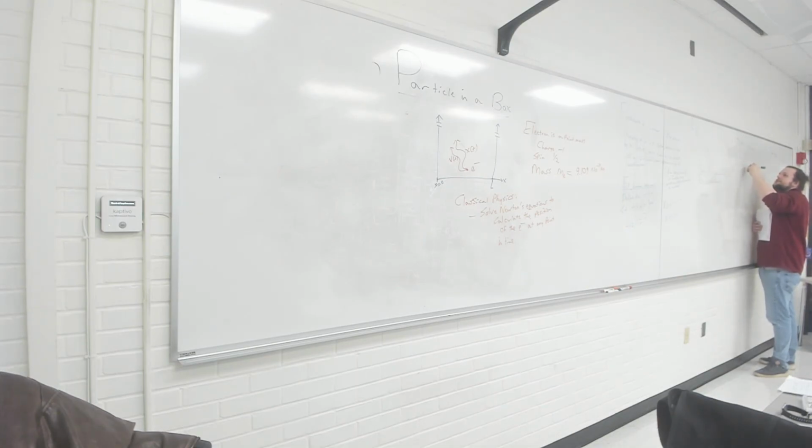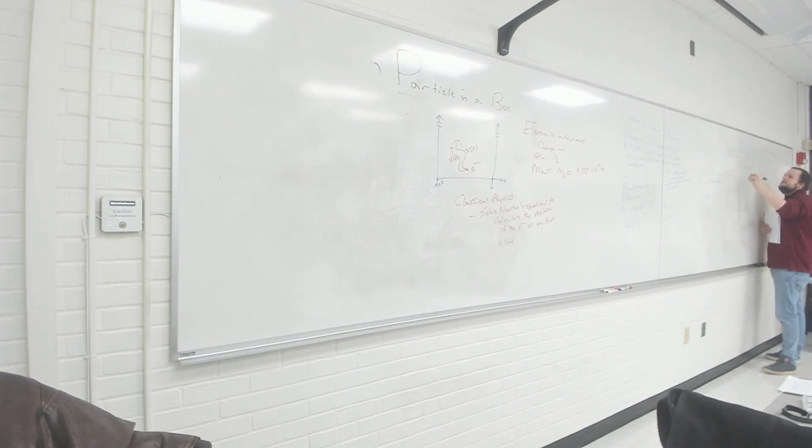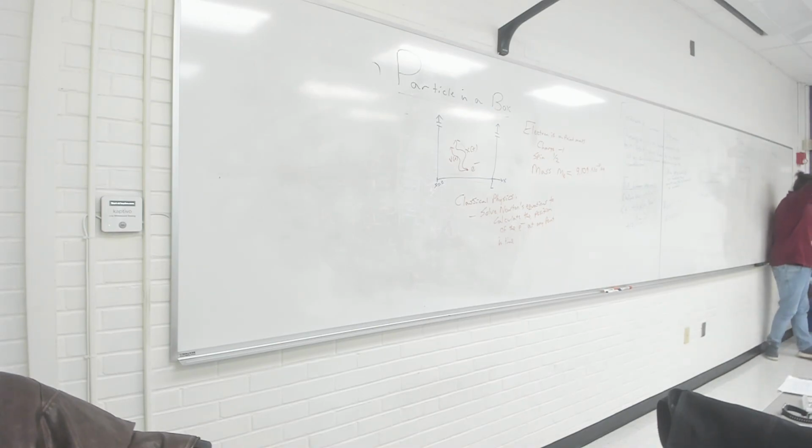So the operation for distance or position is x hat. We put a little hat on top. Or energy, E, is E hat. Right? So anytime you see this little hat on top, that means it's an operator. Okay?